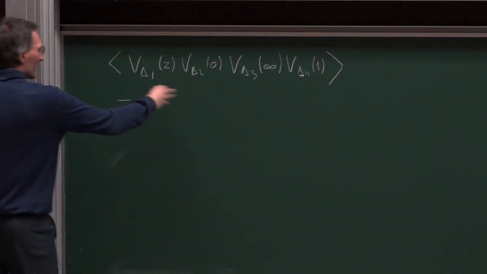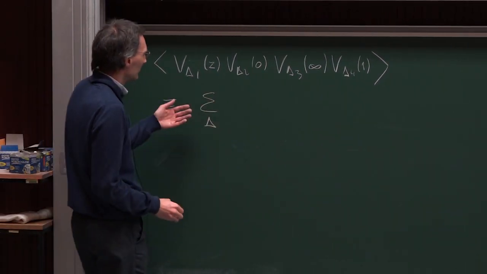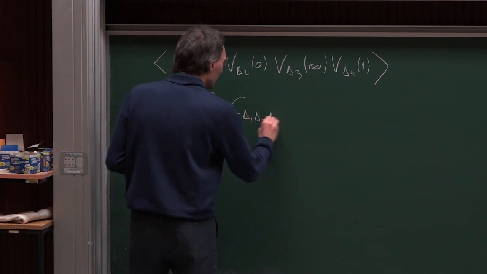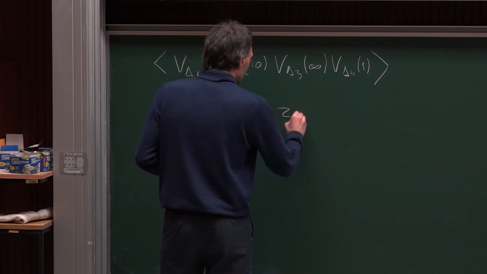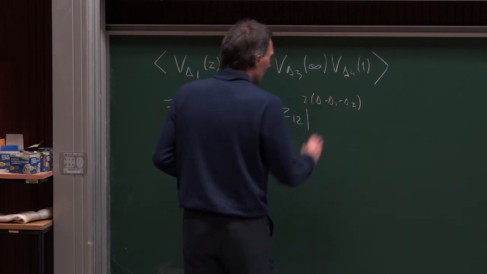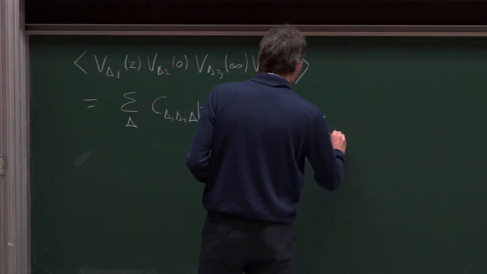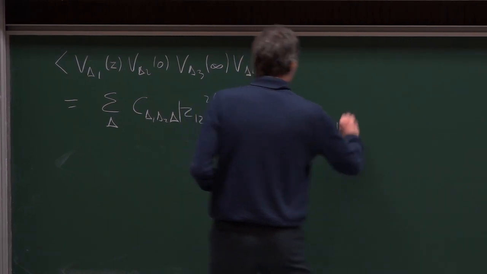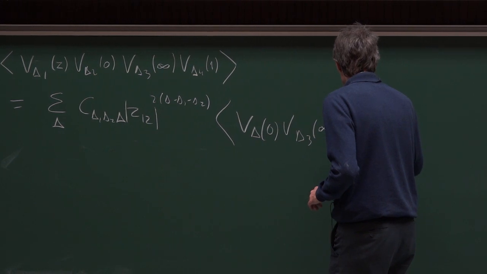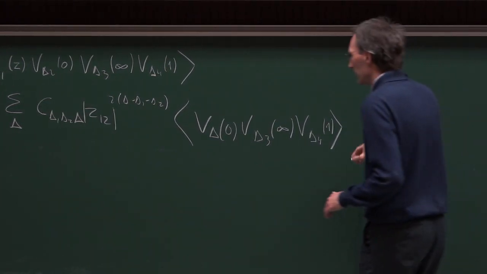And I'm using the operator product expansion of the first two fields. So I have a sum over some dimension delta of C delta 1, delta 2, delta, z12 to the 2 delta minus delta 1 minus delta 2 times a 3-point function of V delta of 0, V delta 3 of infinity, V delta 4 of 1, plus descendants.